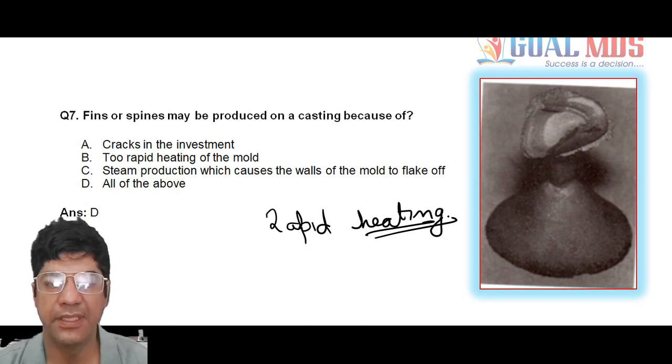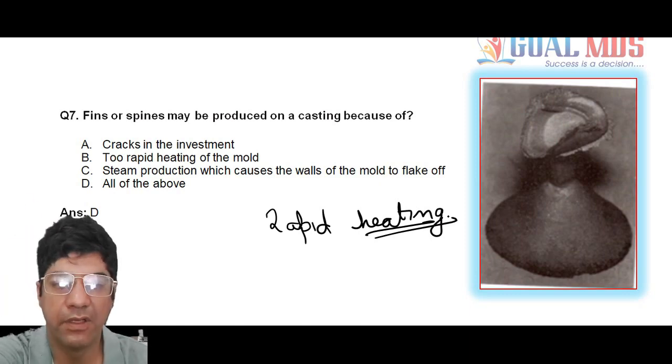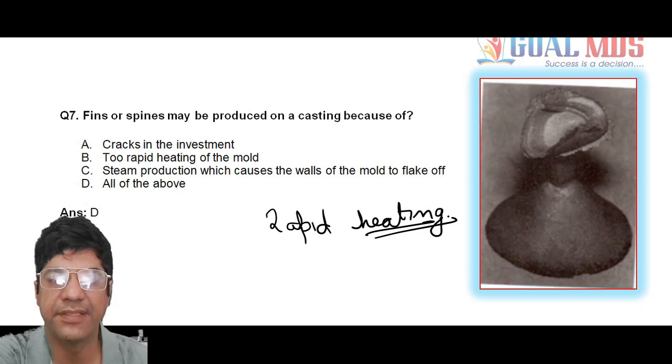So fins or spines in the cast can be produced due to a combination of factors including cracks in the investment material, too rapid heating of the mold, and steam production, which can cause the walls of the mold, that is the investment, to flake off. So all these factors can contribute to formation of undesirable fins or spines on the casting.